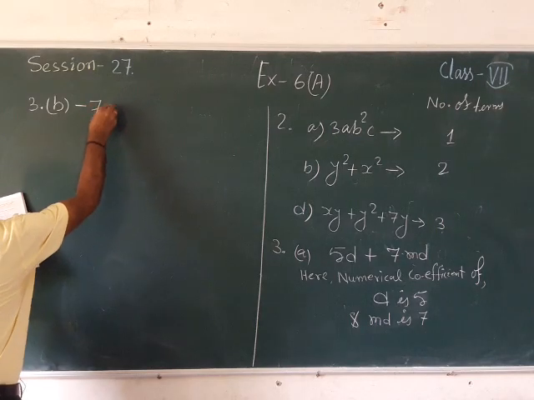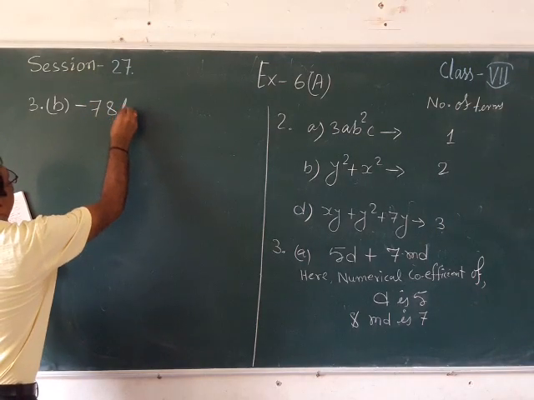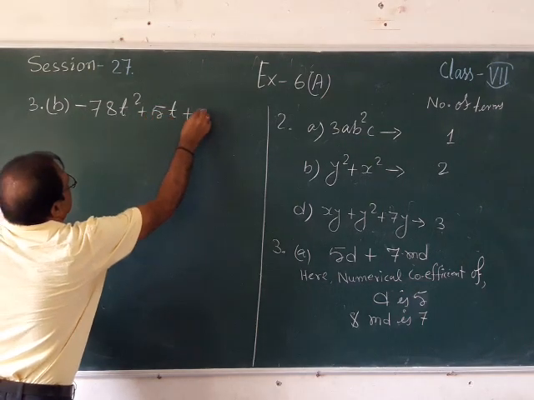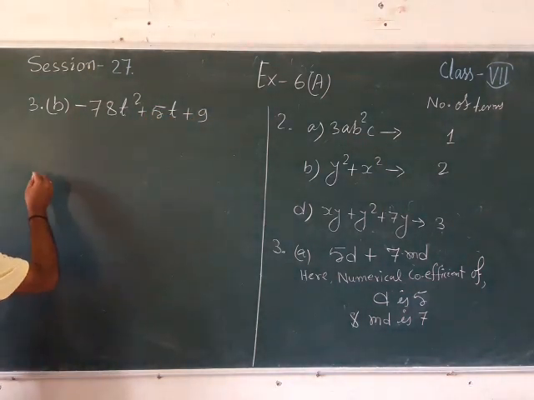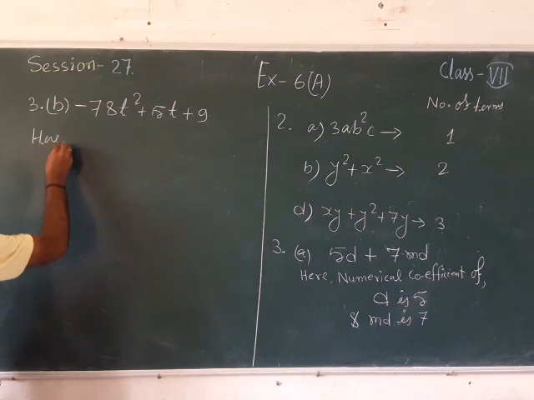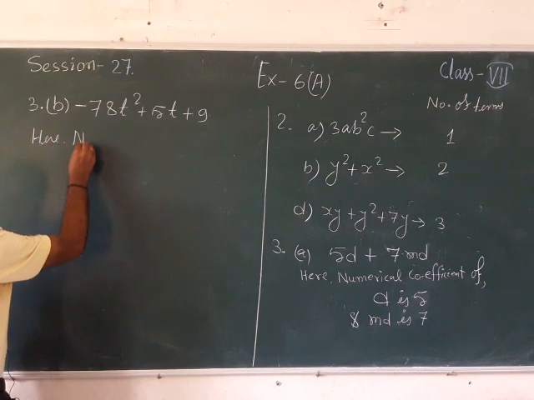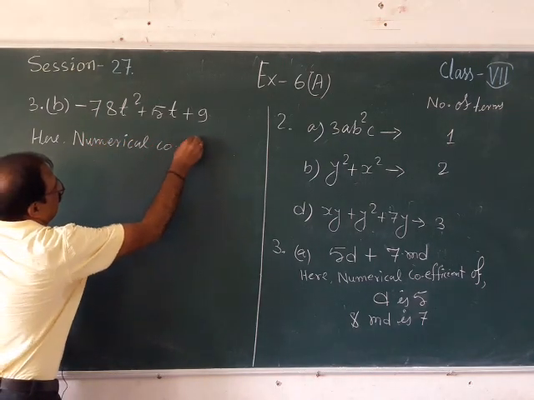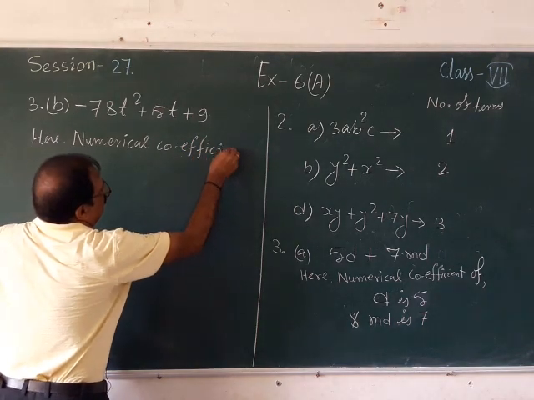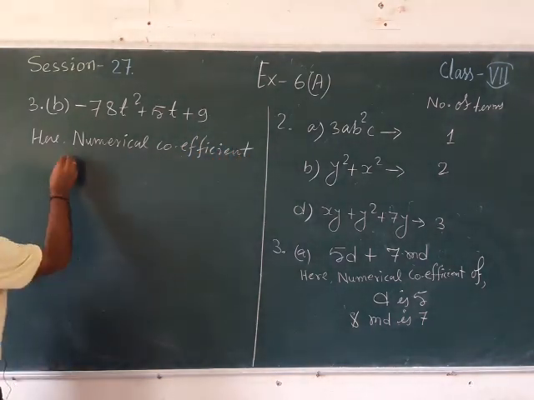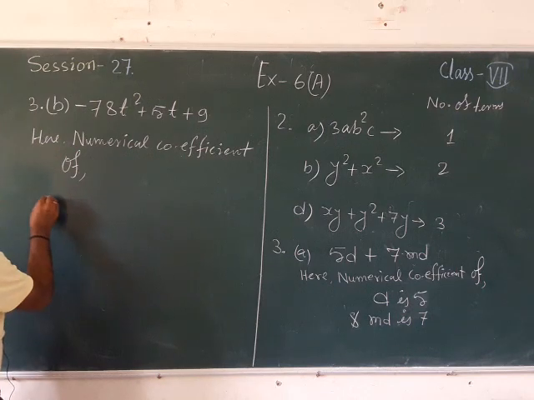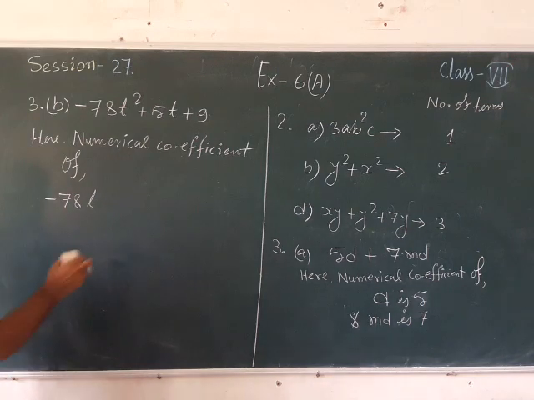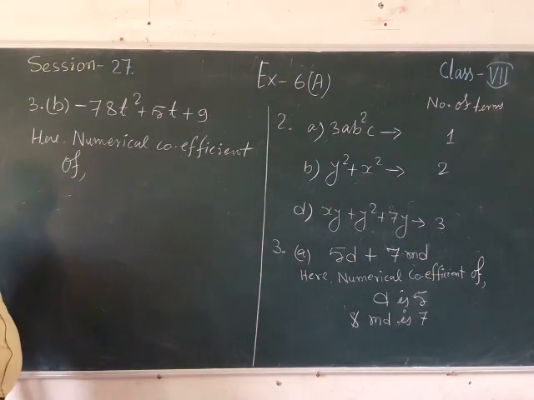The question is minus 78 t square plus 5t plus 9. You will write your answer like that. Here, the numerical coefficient of minus 78 t square: what is the variable in the first term?